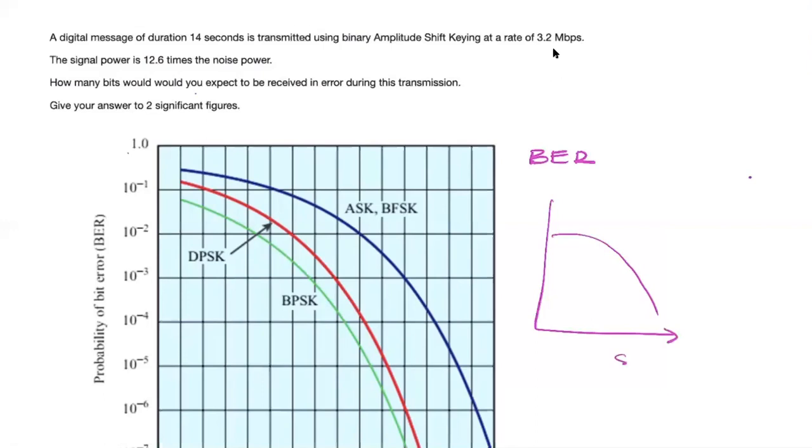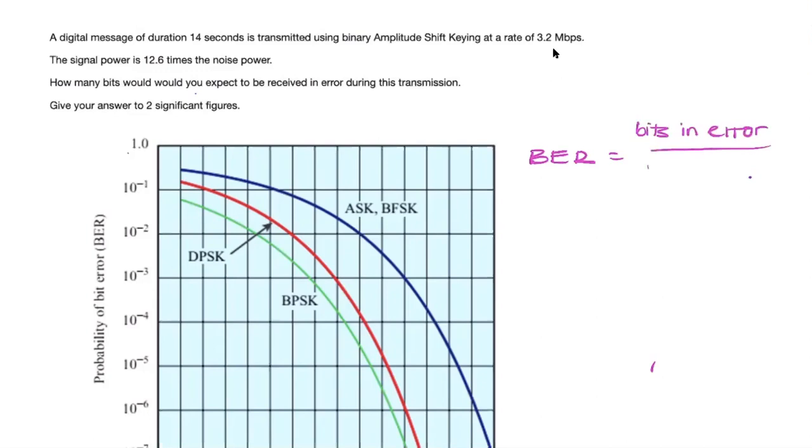So as the signal to noise ratio improves, the bit error rate decreases. A bit error rate obviously is something we want to be very, very small, because bit error rate is the ratio between the bits in error divided by the total bits transmitted or received.